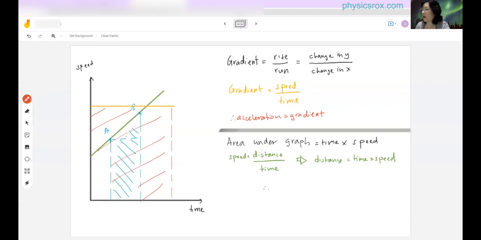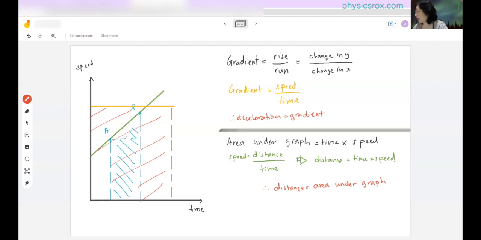That's why if you count the area under the graph, it's actually the same as the distance. Can follow? Still can. Okay, good.